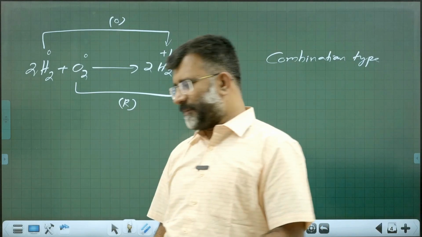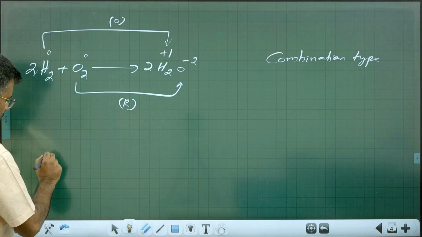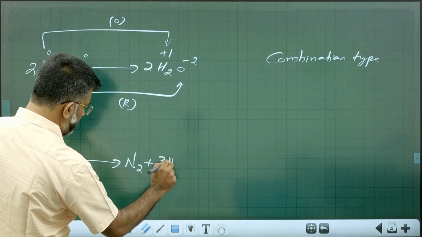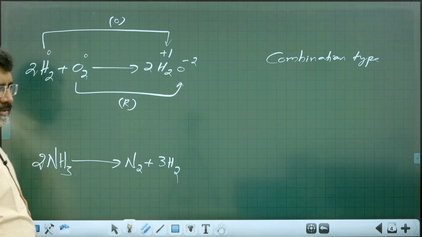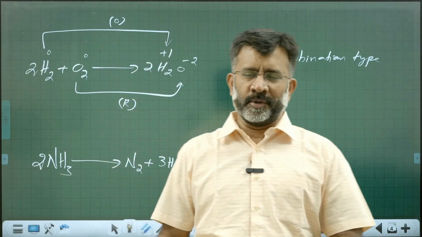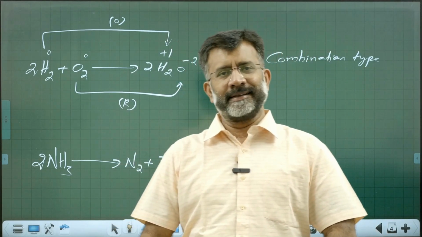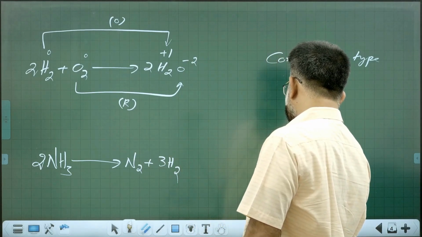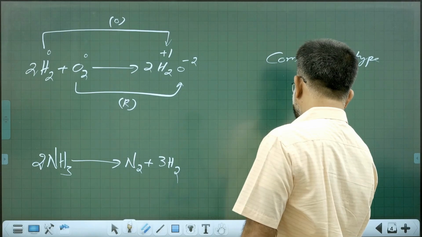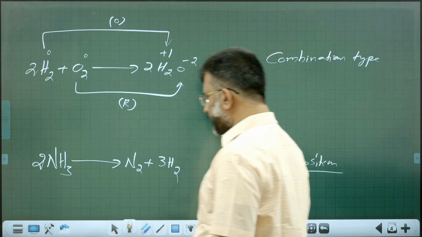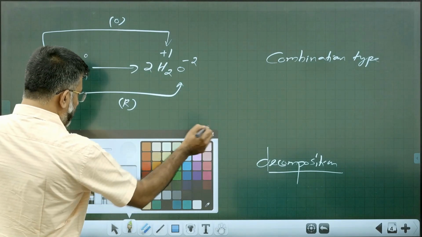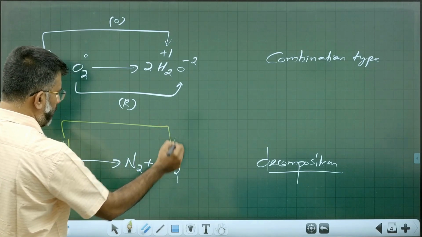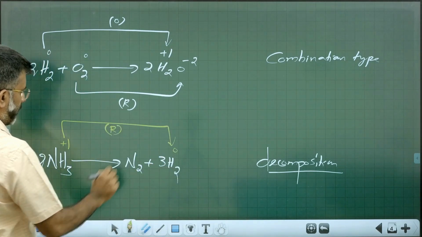What about another type of redox reaction? Suppose we take the reaction of ammonia: 2 ammonia decomposing to N2 plus 3H2. This is also a redox reaction, but it is called a decomposition type redox. Hydrogen +1 is converted to 0, that is a reduction reaction.